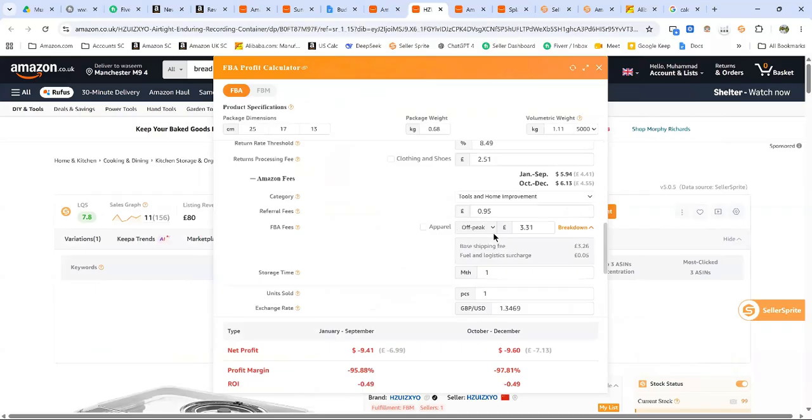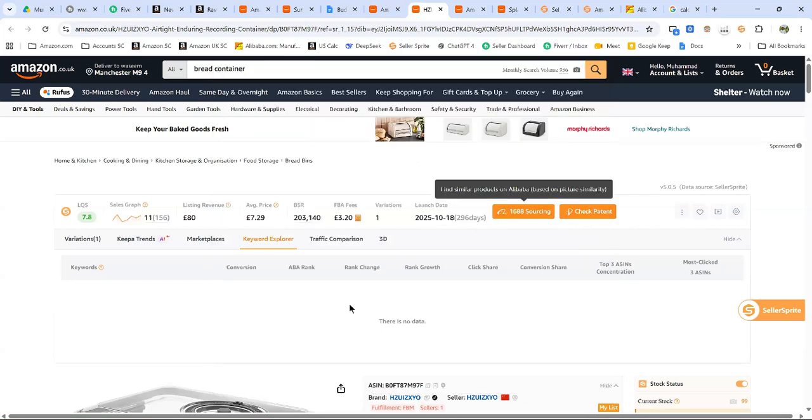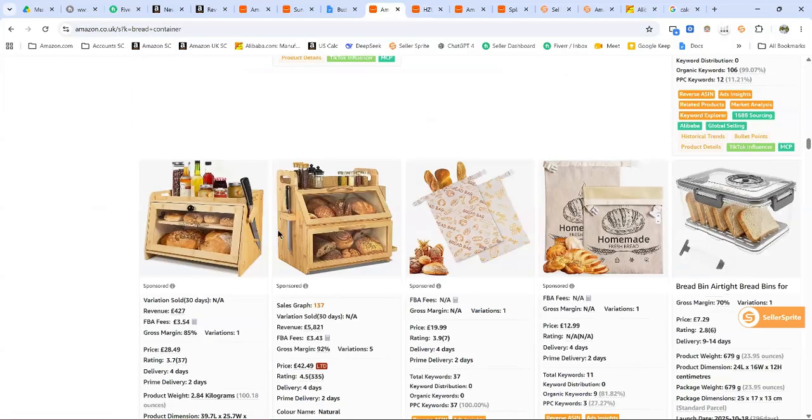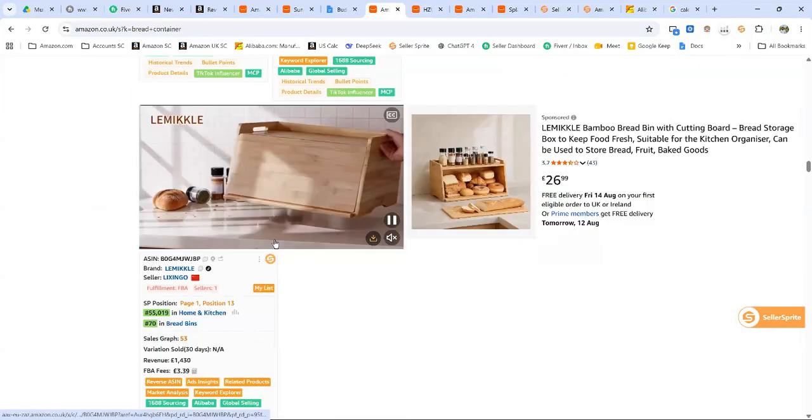You don't make money. The overall fee is 4.4, so it's 40% or more. Why is this happening? Because the product is bulky, the FBA fee is higher, and the selling price is lower.